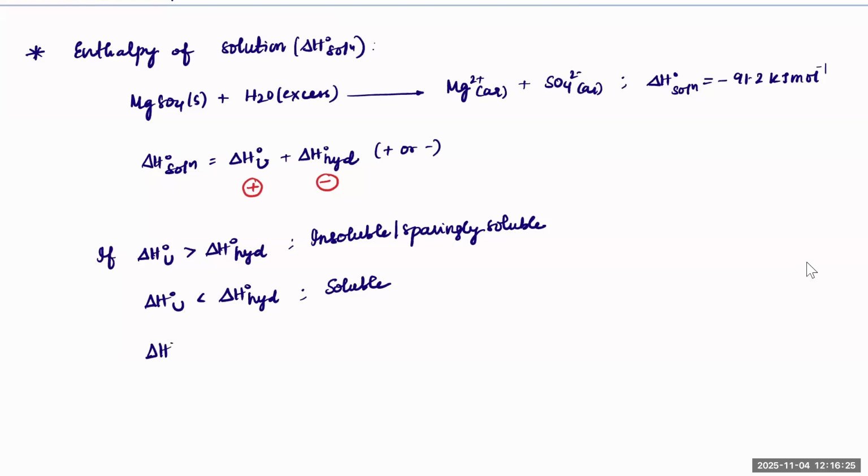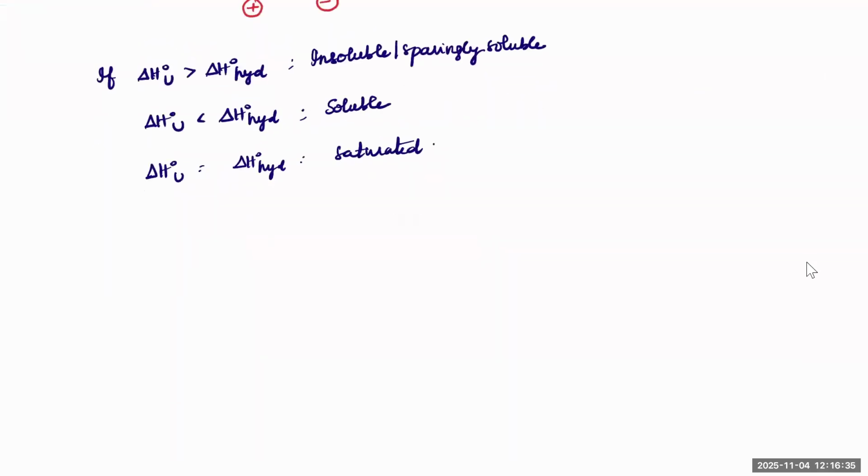And if delta H naught of lattice is equal to delta H naught of hydration, then it is a saturated salt solution. So these are the forms we must know.